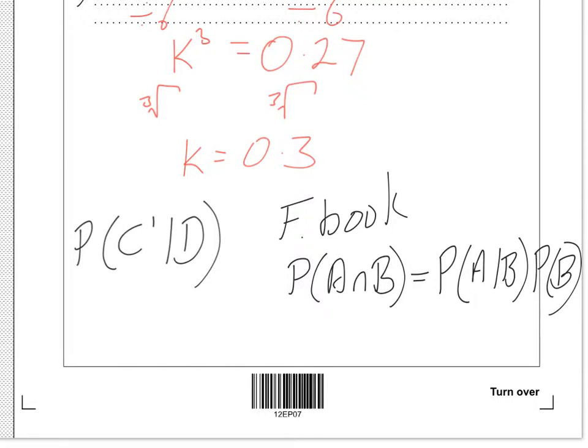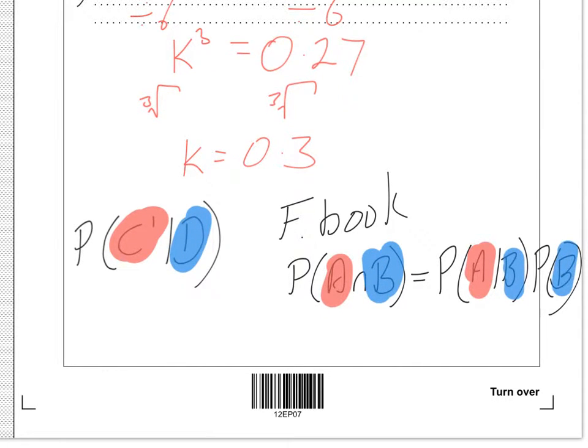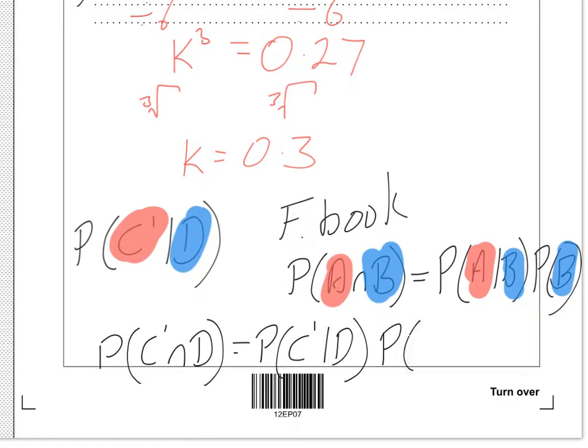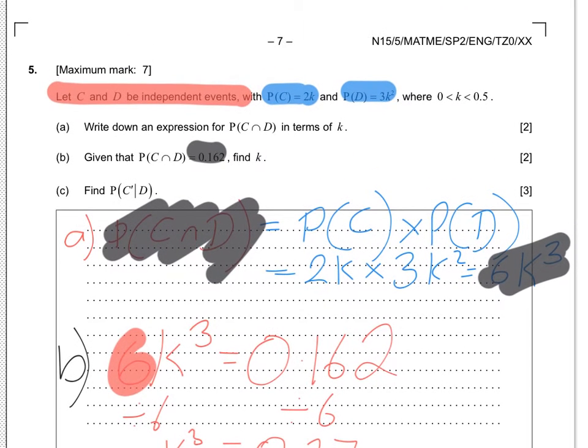So, I'm going to replace A in this expression with not C. So anywhere A appears, I'm going to write not C, and anywhere B appears, I'm going to write D. So I get the probability of not C and D is equal to the probability of not C given D, which is the thing I'm trying to find, times the probability of D. Now, if we go all the way back to the top, we know the probability of D. It's 3k squared.